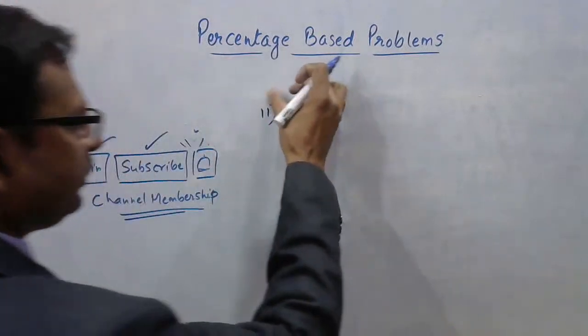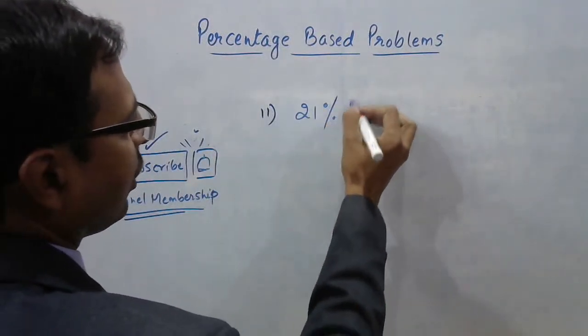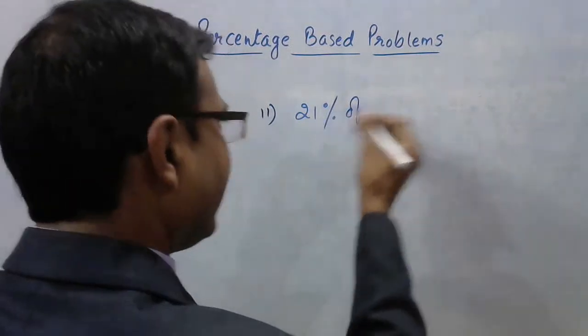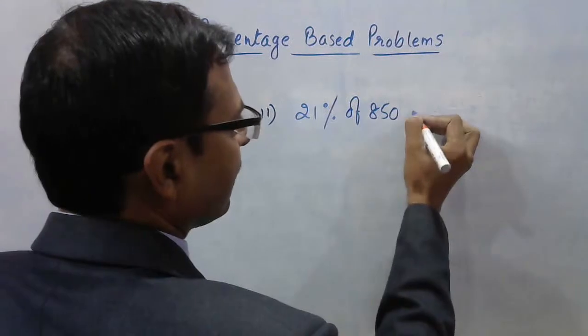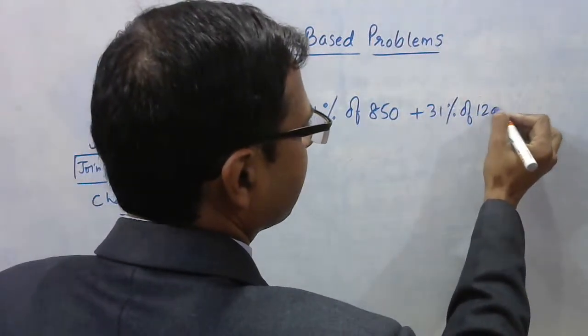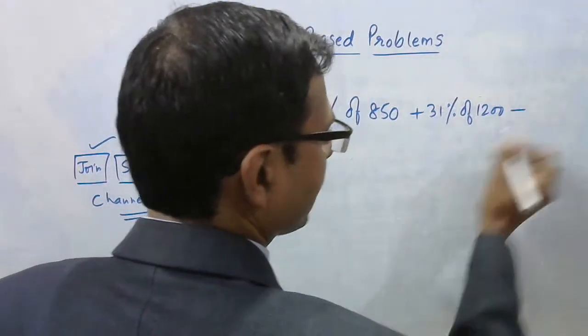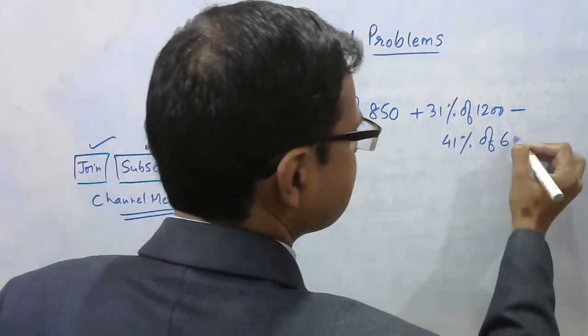This is for you. How to find 21% of, I'll give you numbers which are a little bit easy to handle. 850 plus 31% of 1200 minus, we have a minus, remember this, 41% of 600.